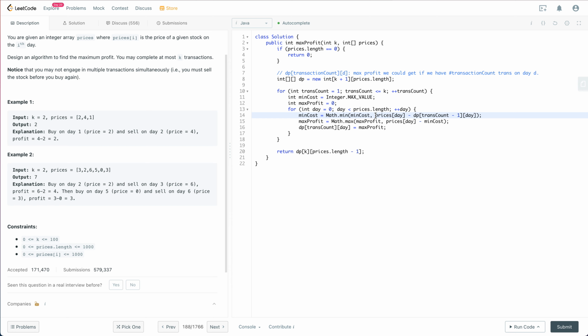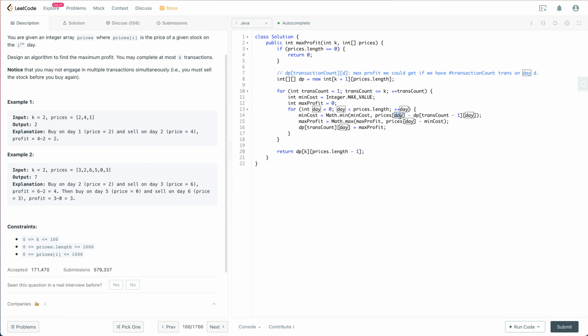So in this way we can compute the minimum cost to buy the stock on this day. So let me make the explanation to be more straightforward. Suppose you make a couple transactions and you have some money, so you can already use this money to buy more stocks in the future.